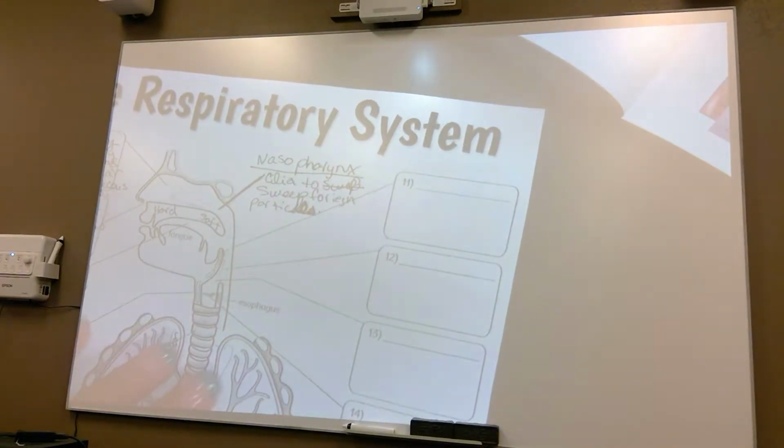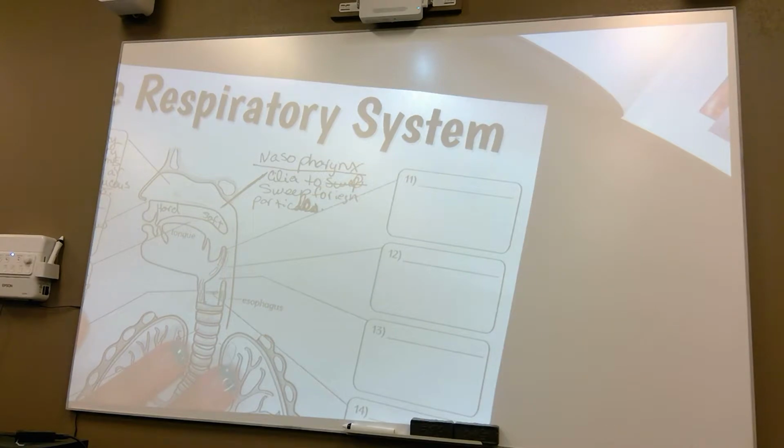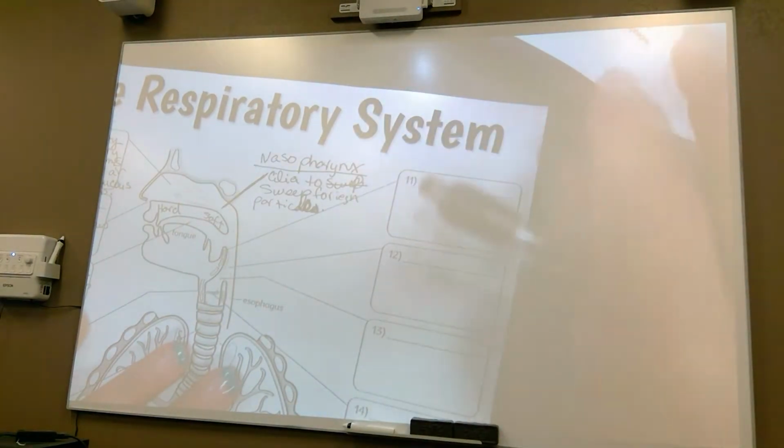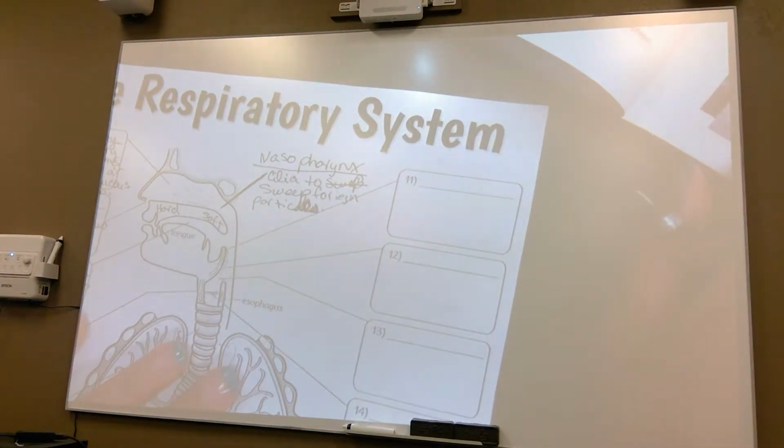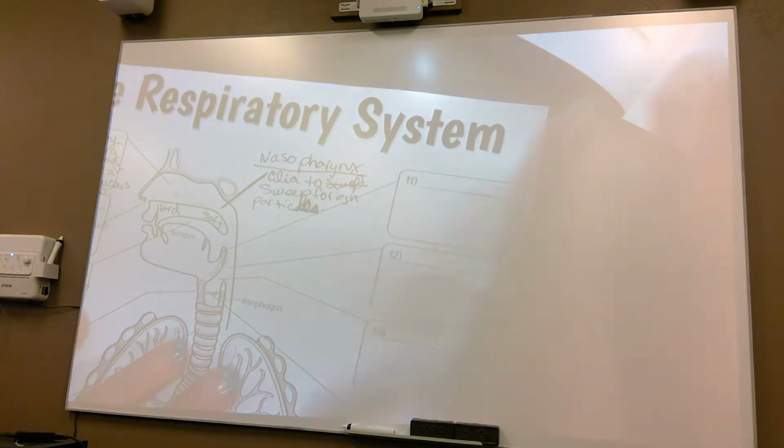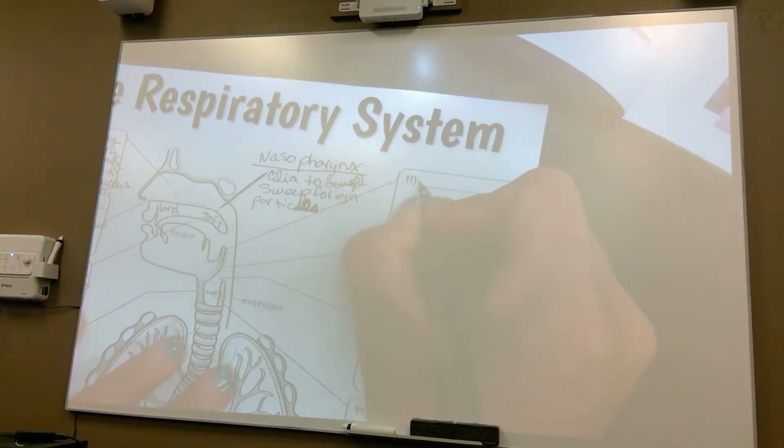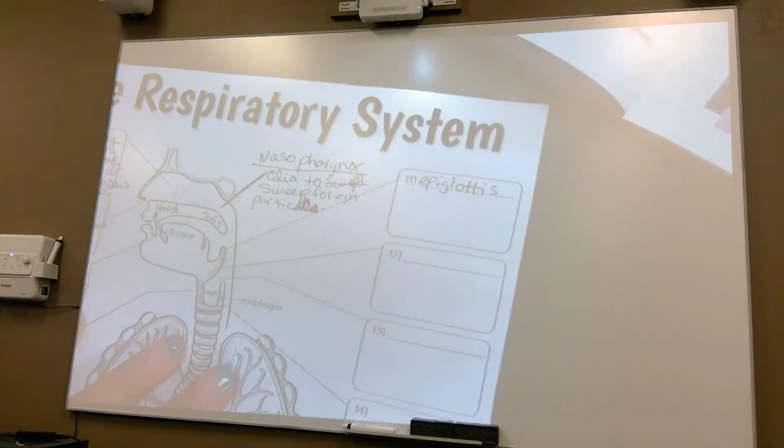All the way back up to 11, looking at that epiglottis. You can find it on page 339. We've already talked about it quite a bit.